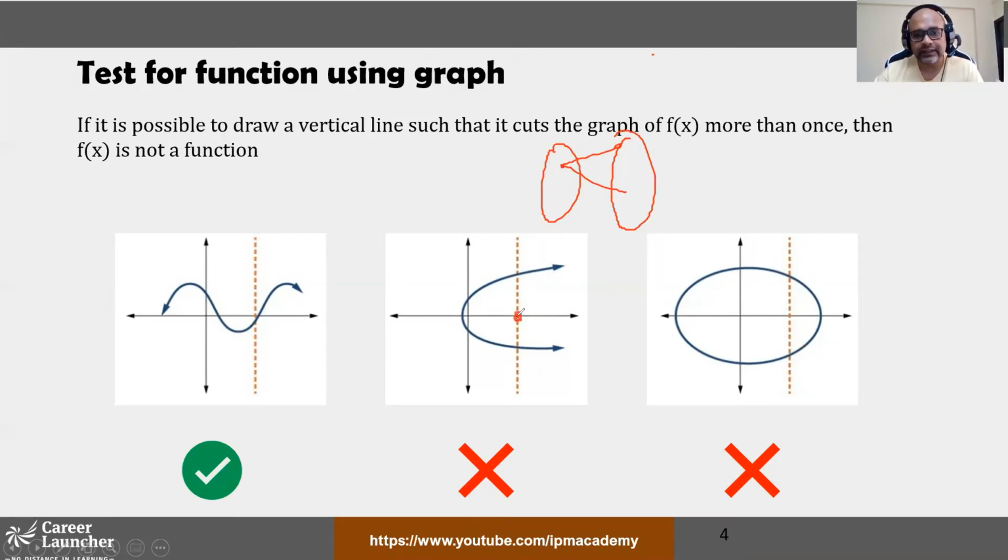Here you can see for this x value, x1, this is your y1 and this is your y2. And obviously it is not called a function. The same reason applies in the third figure also. So this is called the vertical line test for testing whether something is a function or not.